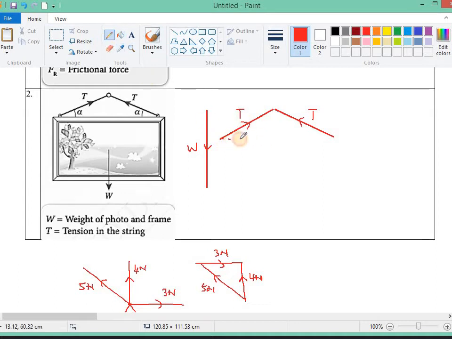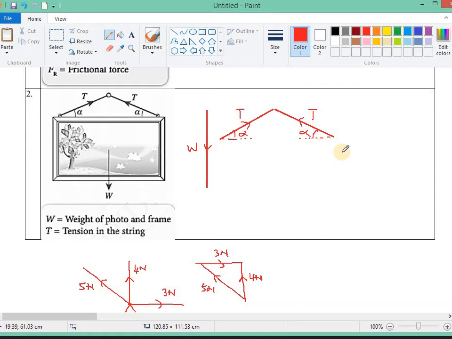The angle here is alpha, the angle here is alpha.